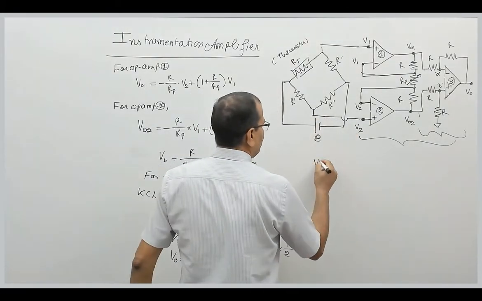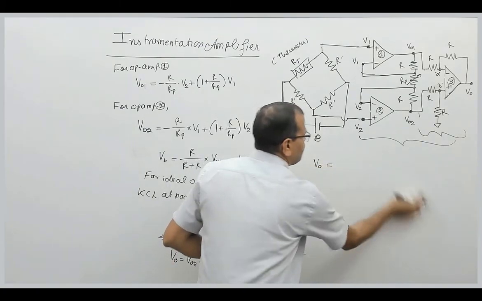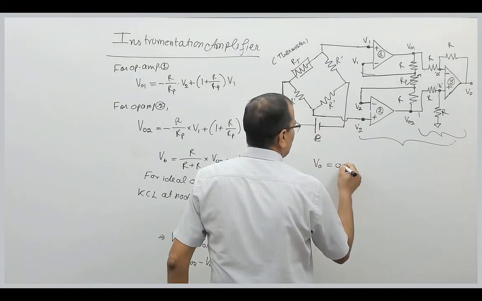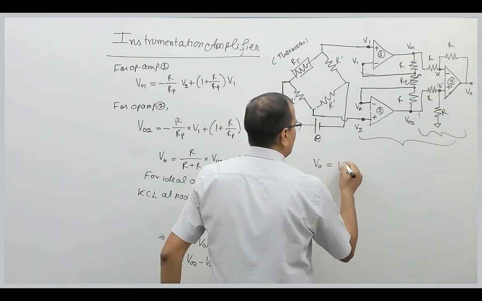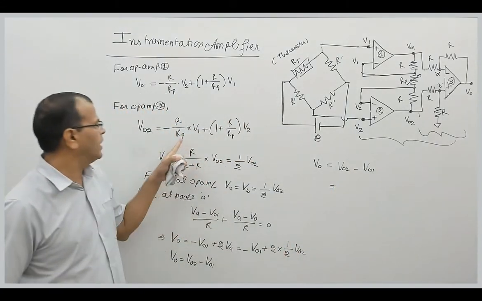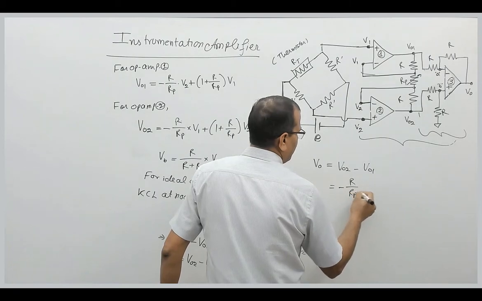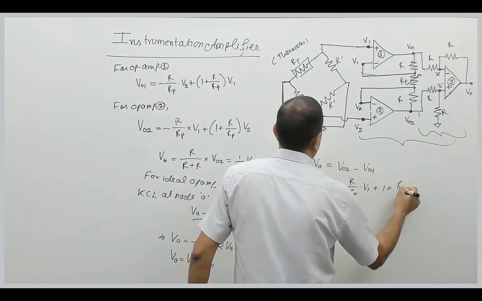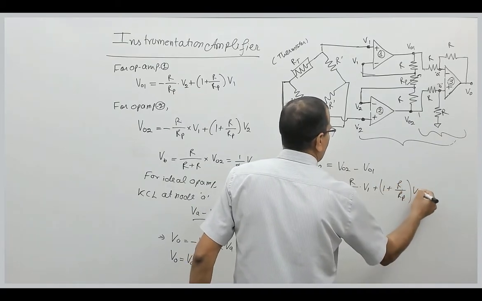So output V0 is V02 minus V01, and you know what V02 is. That is this expression: minus of R by RP into V1 plus 1 plus R by RP into V2.